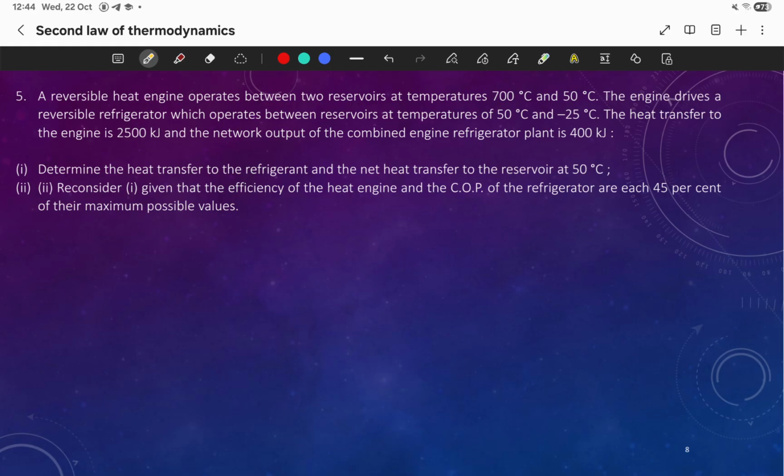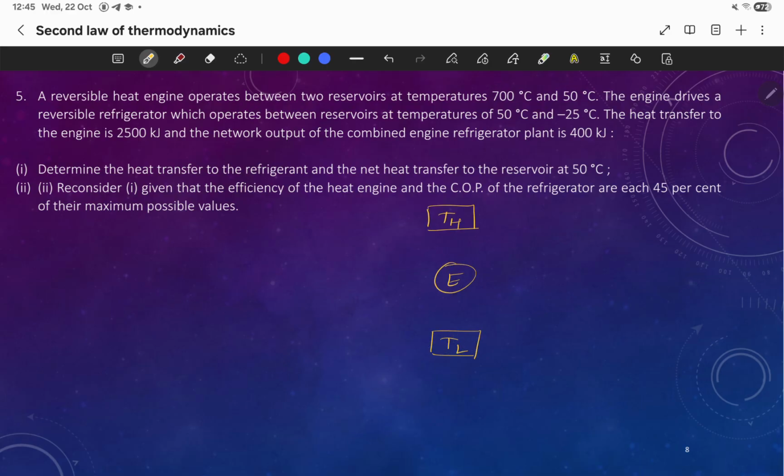A reversible heat engine. Here we have one reversible heat engine, with TH and TL.